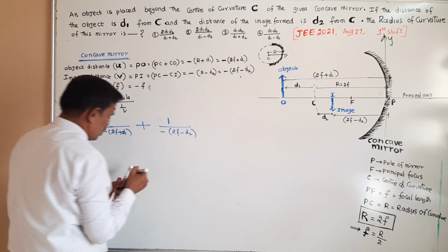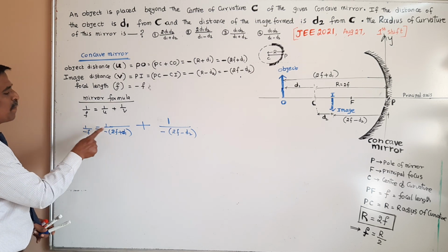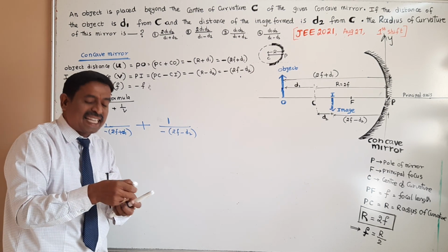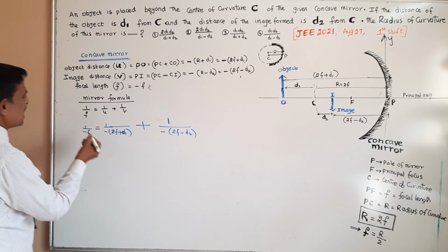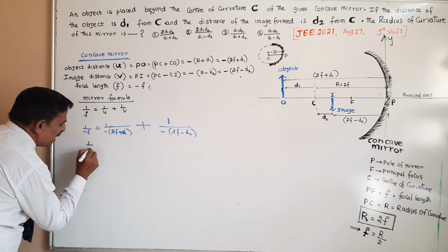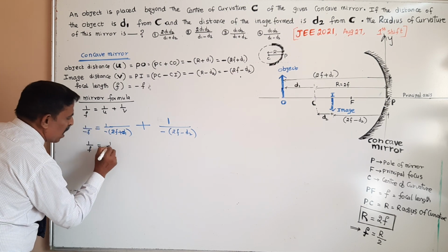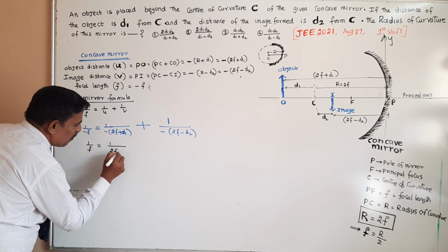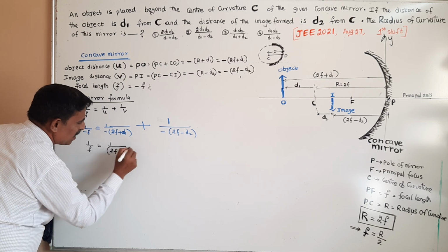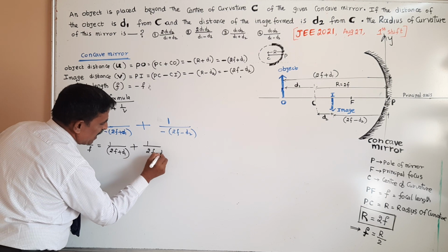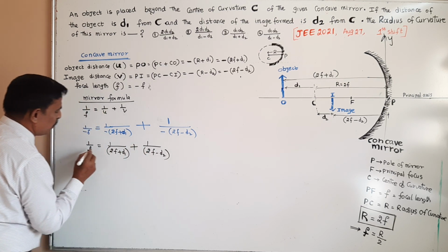Now, taking the minus common, the minus is cancelled out. So 1/f = 1/(2f + d1) + 1/(2f - d2).